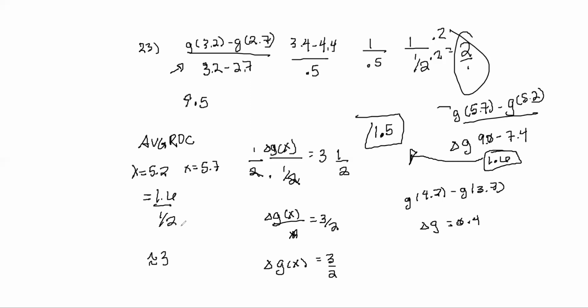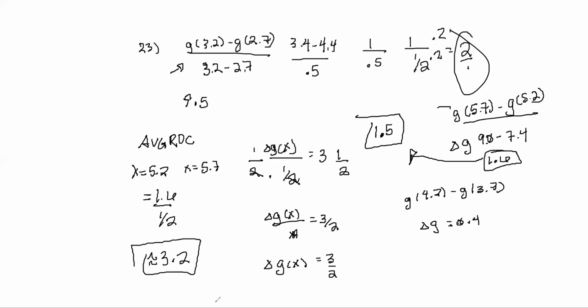It's going to be 3.2. So I'm going to say that that's about where it is. That's what I want to look for. And honestly, I think they would accept any answer between 5.2 and 5.7.